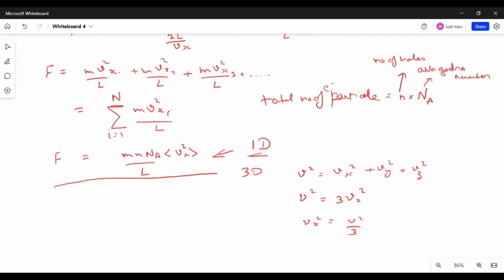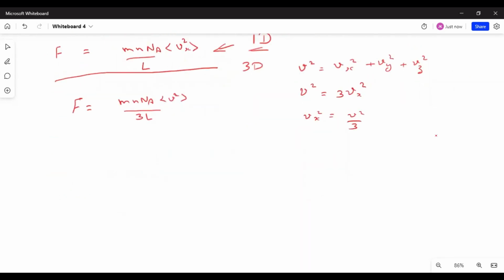In that case, the total force being exerted on the surface will be m n N_A times the average velocity square upon 3L. So this is the total force.